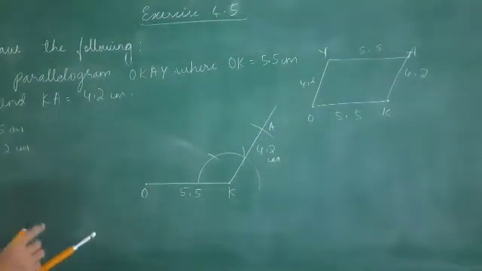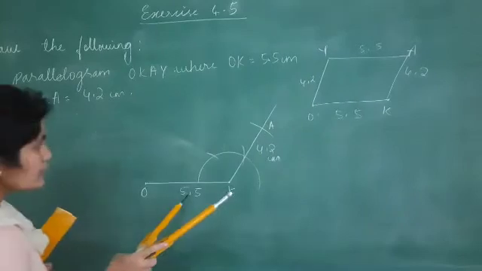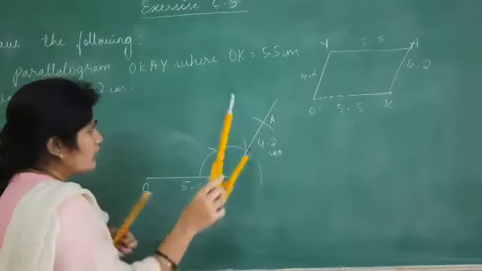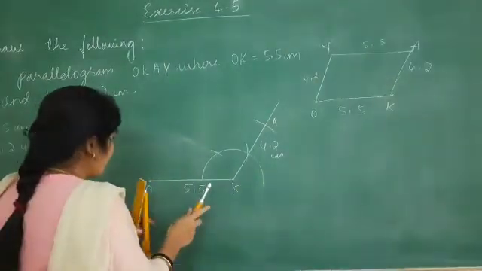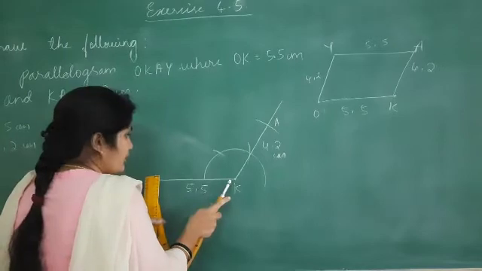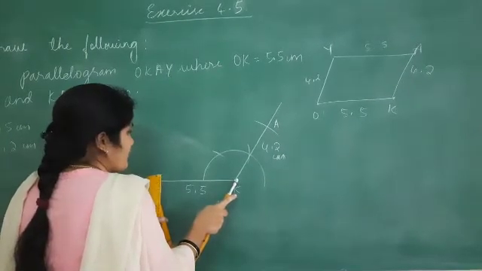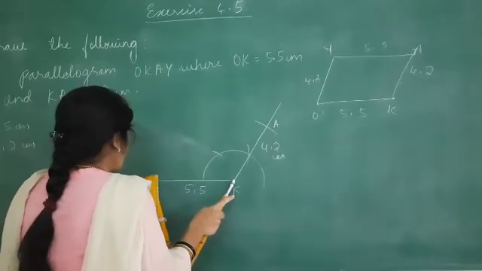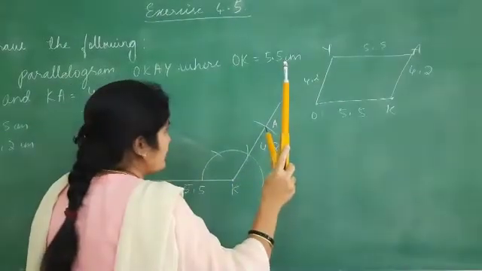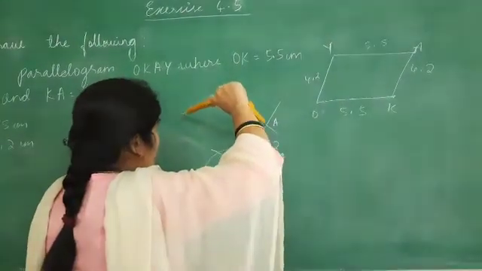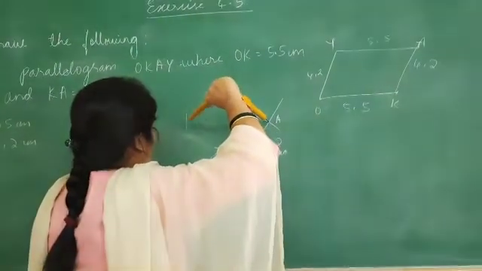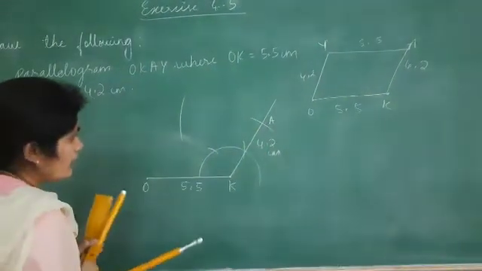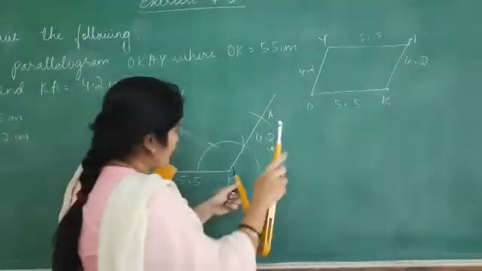Now, as you can see, opposite sides will be equal and parallel. This is 5.5, this also will be 5.5, this is 4.2, this also will be 4.2. From here, take 5.5 centimeter, same measurement as OK. Keep A as center, cut an arc. Now, as you have seen, the opposite sides will be equal. This is 4.2.